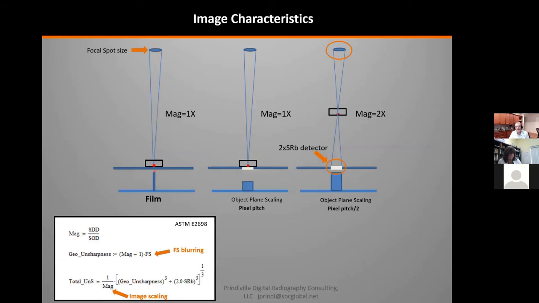All right, but now we want to talk about something that's going to help improve the resolution on a digital detector array. So we all know that if we're taking a film shot, which shows up over here on the left side, and we've got a focal spot of a reasonable size over here, and we have a part down here in the black with an indication in the red, we've got film down here.